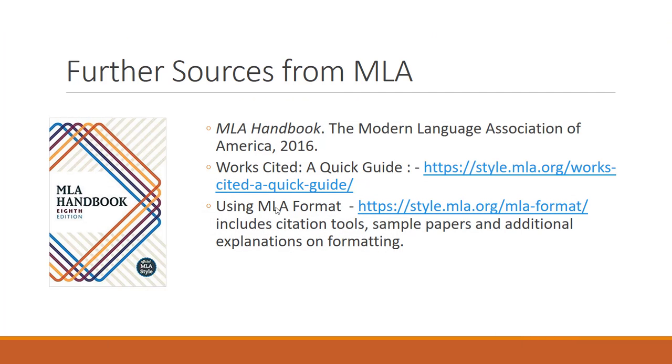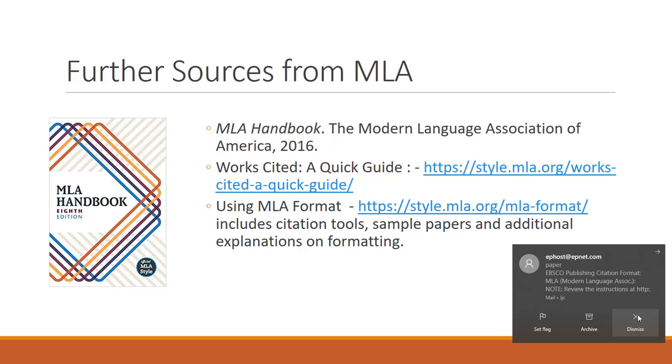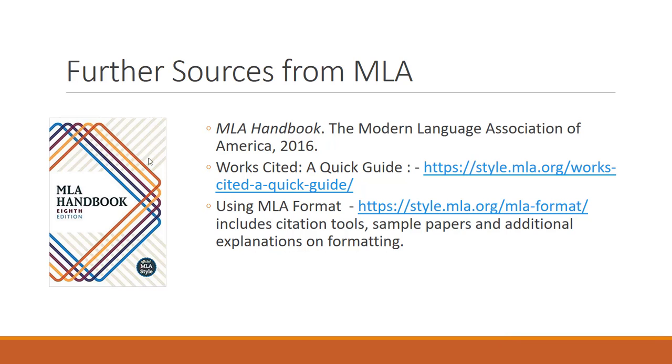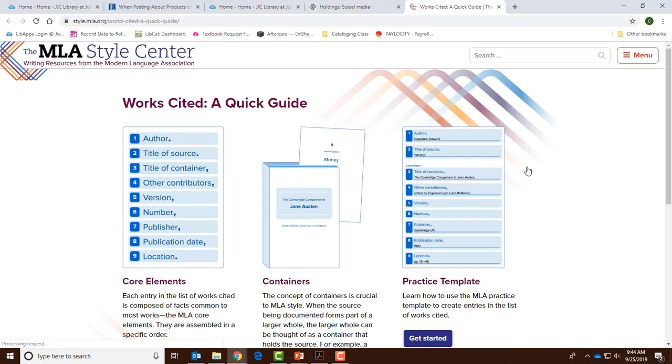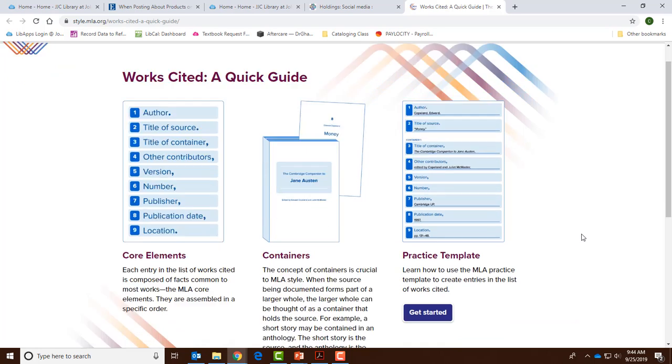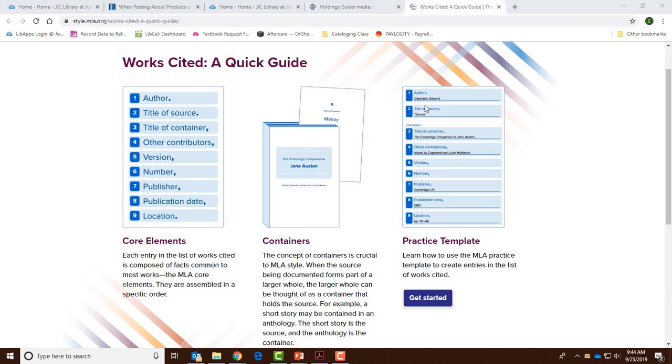So let's talk about what other sources we have to get information on how to use MLA. For MLA, we have the handbook here, so you can come check it out. MLA has a Works Cited page, so you can click on that. What that's going to do is talk to you about core elements, the concept of containers, and you could even go over a practice template.